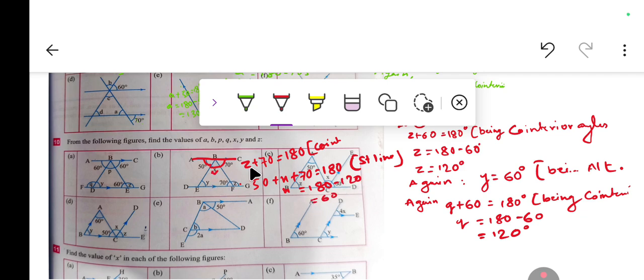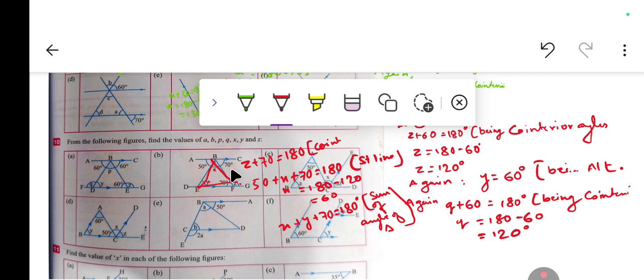When you get the value of x, easily you can figure out the value of y. x plus y plus 70 is equal to 180. Here the reason will be different. The reason will be sum of angles of a triangle. The sum of angles of a triangle is always 180 degree. So this is a triangle in which x plus y plus 70 is there.